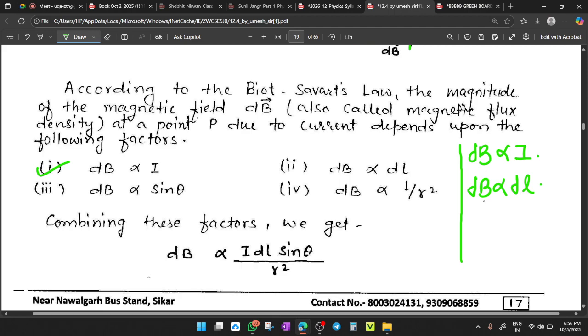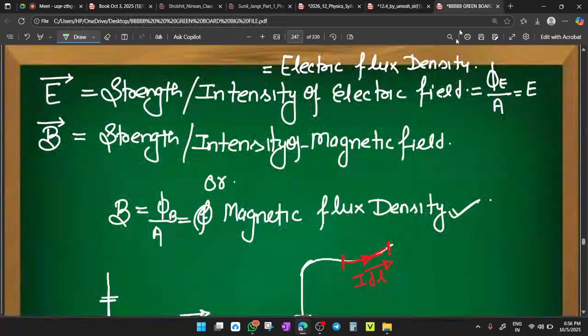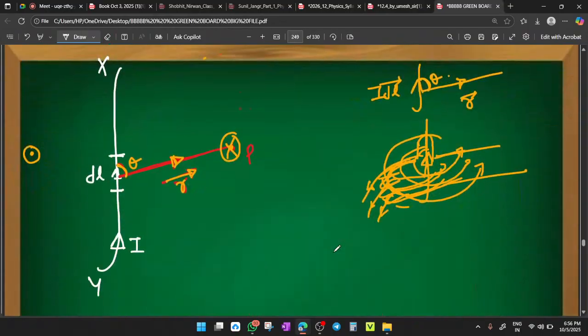Okay, the magnetic field is directly proportional to the length of the conductor. The more the length of the conductor, the more the magnetic field, and dB is inversely proportional to r square. Clear, beta? And dB is proportional to sine of theta. Clear? dB is proportional to sine theta. So these four fundamental important observations are given by both scientists, Biot and Savart.